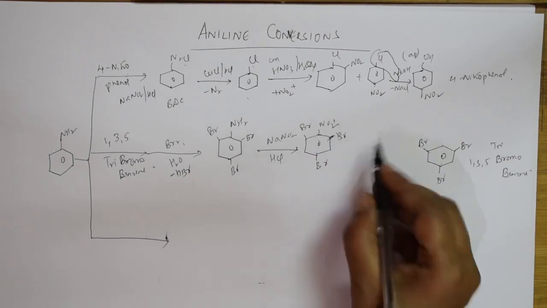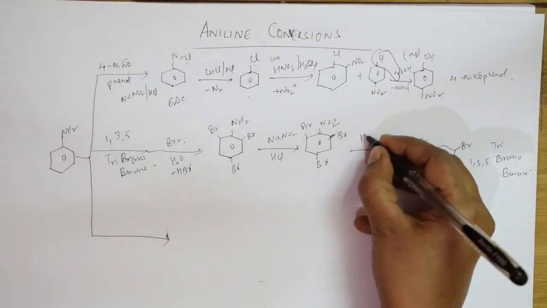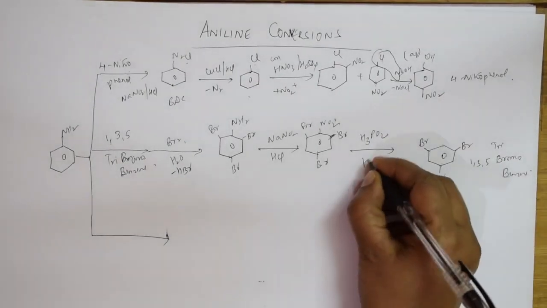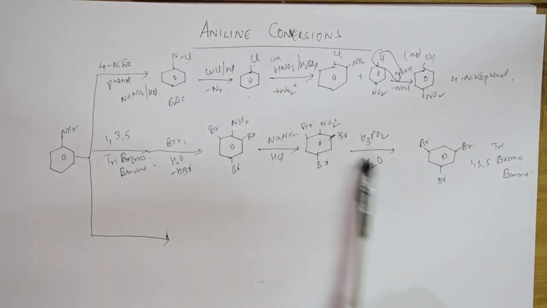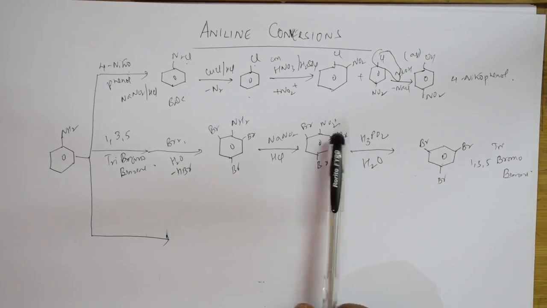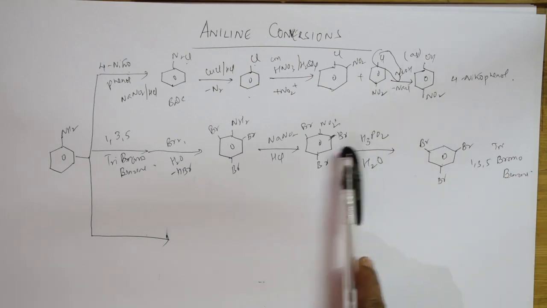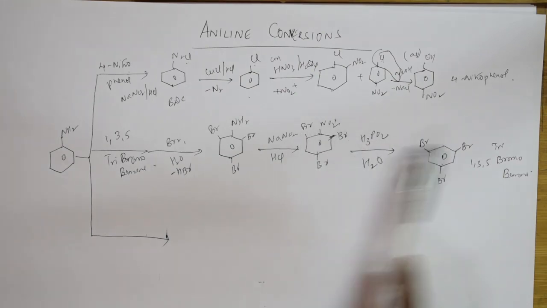Then I told you one day in one of the papers, if you use H3PO2, because of water, immediately that is lost. You get the benzene ring, and bromine is still there. I told you that in one of the reactions. So with H3PO2 you get the benzene ring and bromine is still there.